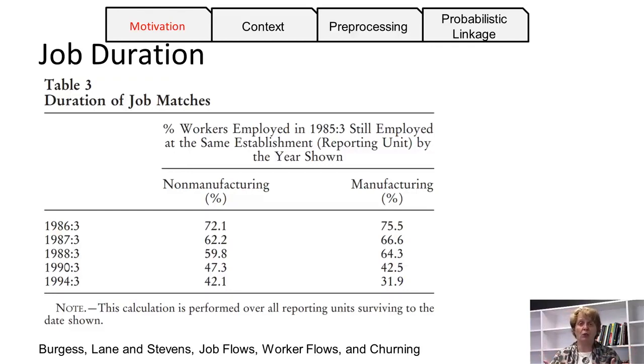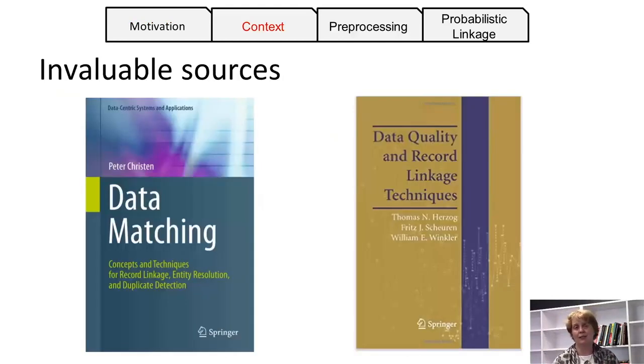So what we've got to do is figure out automated ways of saying, are these the same person? There are some very, very good books out there. I've highlighted two of them in the next slide. The book by Peter Christen is excellent, and of course the book by Tom Herzog, Fritz Scheuren, and Bill Winkler is highly technically insightful. So I recommend that you take a look at these after you've gone through this very cursory review.